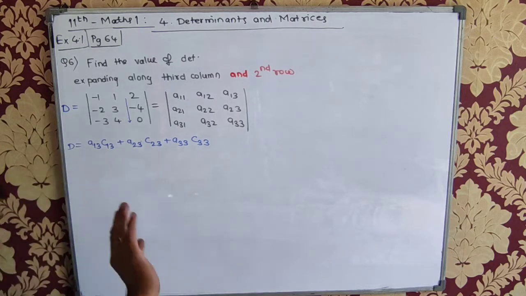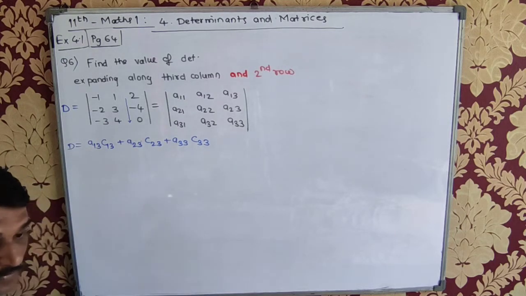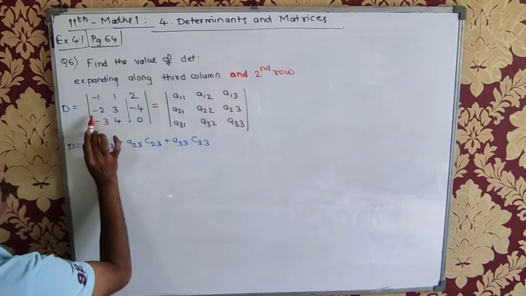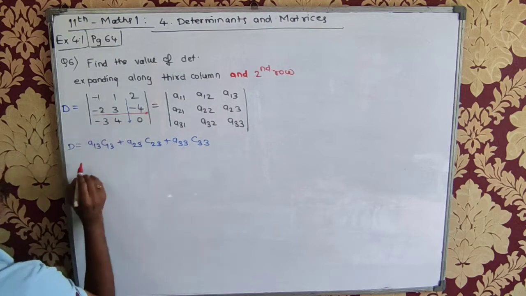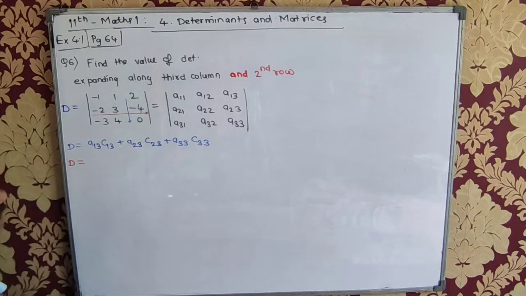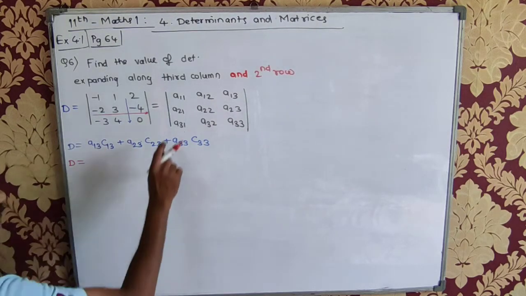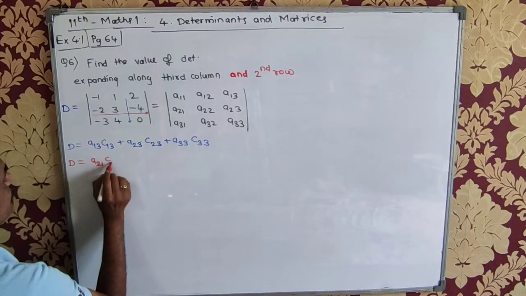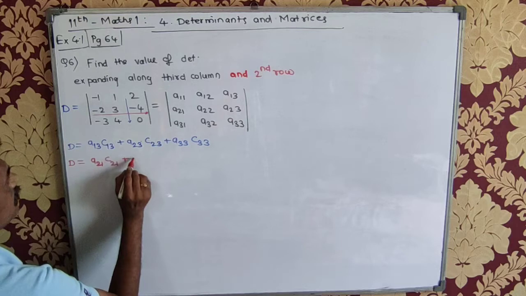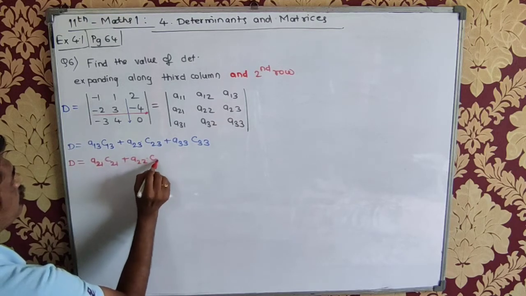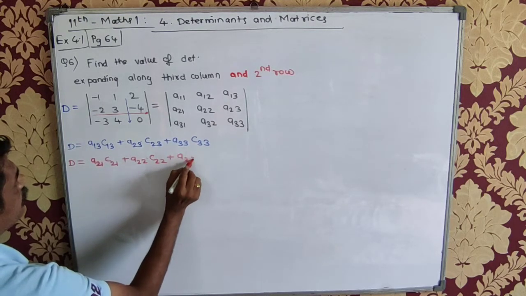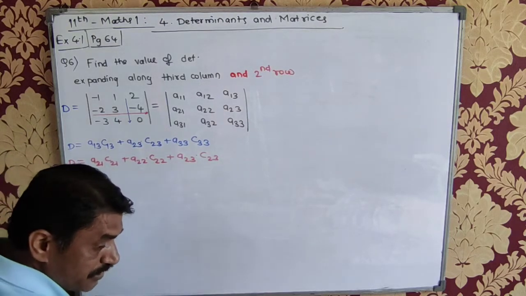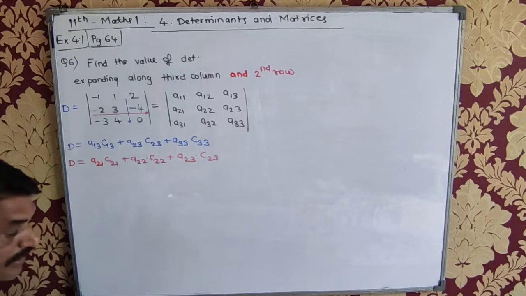Now the same formula we have used in the previous problem. Well, if I am expanding it along the second row, this is the second row, please note. So what it will be if it is along the second row? Can you answer it? A21 into C21 plus A22 into C22 plus A23 into C23. In fact, this is what we have proved in the last question. Is equal to value of A.